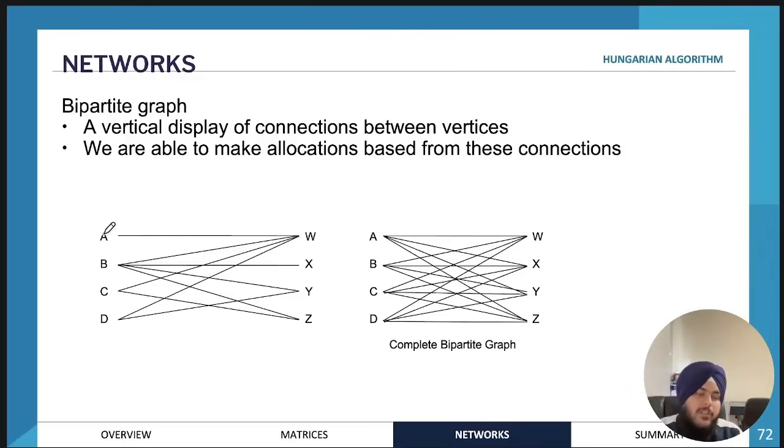For example, what this bipartite graph indicates is that person A can perform task W only, whereas person B can perform tasks W, X, Y, and Z. He or she can perform all the tasks. Person C can only perform tasks W and Z, whereas person D can only perform tasks W and Y.